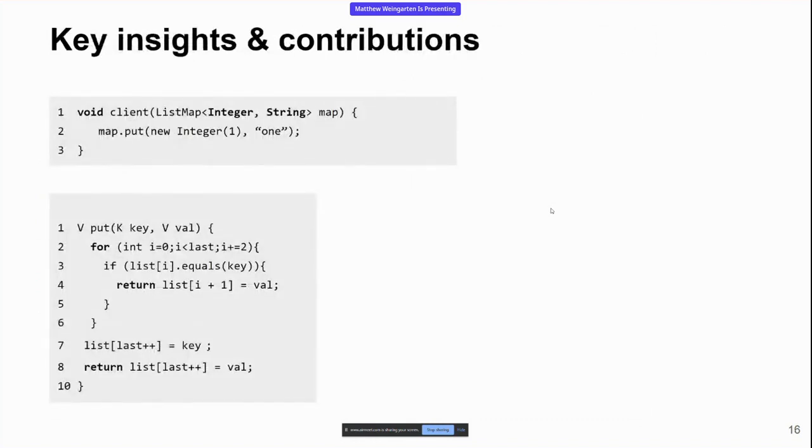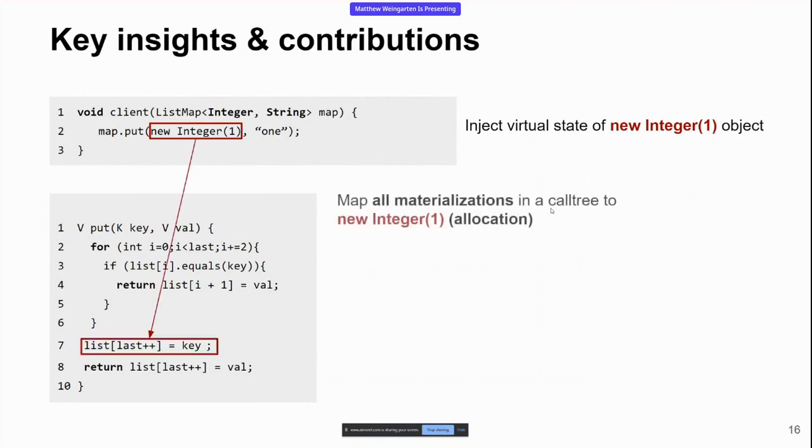The key insight and contribution of our work is the fact that we inject the virtual state. We run the partial escape analysis intraprocedurally, but then inject the virtual state into the callee, where we run another instance of an intraprocedural partial escape analysis, and then keep track of where these materializations would occur if we inlined put into client, for example.